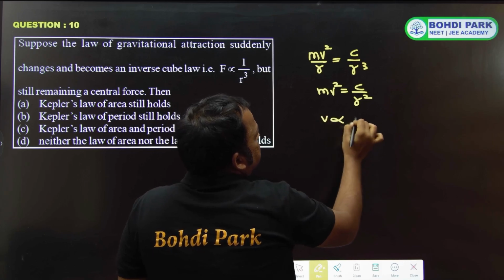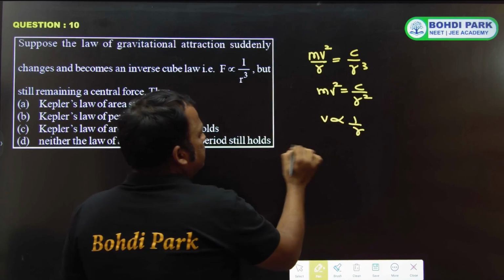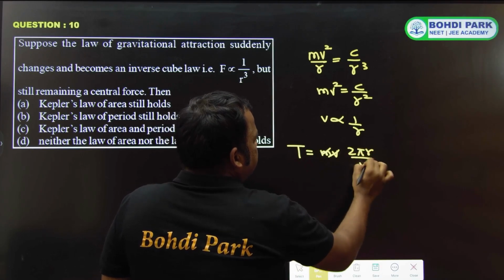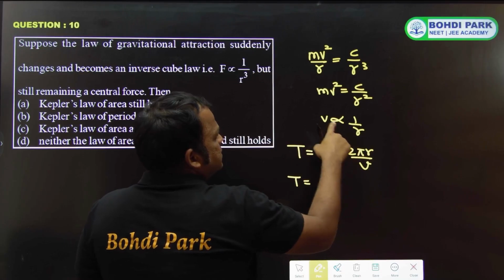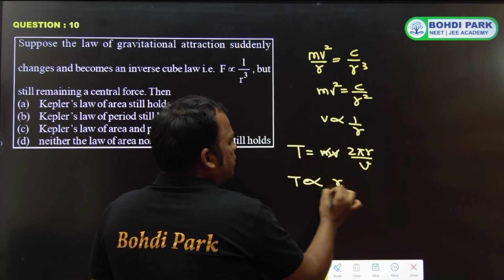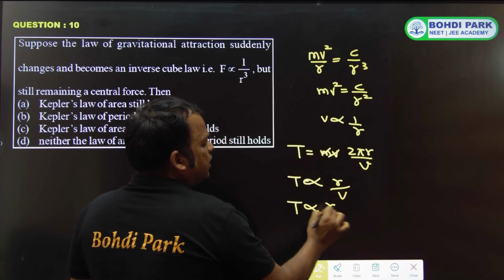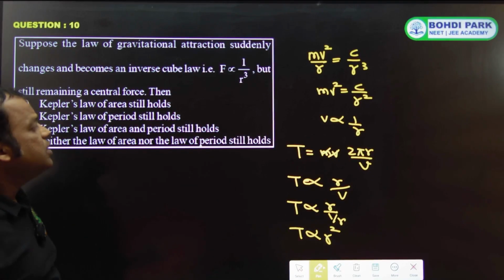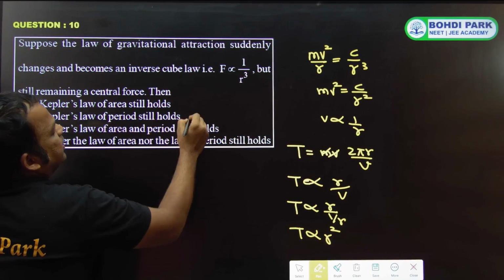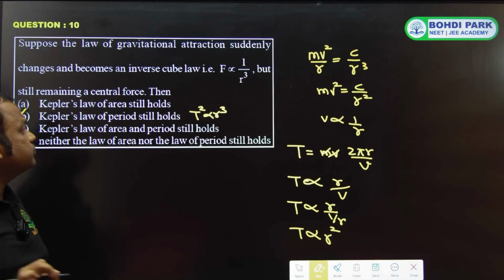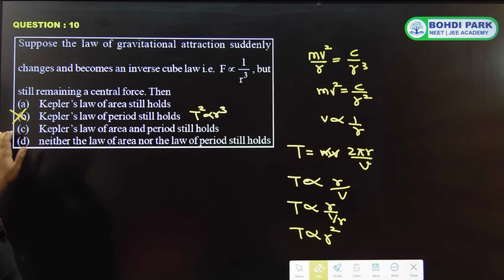So v is inversely proportional to R. So we have time period is equal to 2 pi R by v, and v is inversely proportional to R. So T is directly proportional to R by v, V is 1 by R. So T is directly proportional to R square. So clearly the law of period, which is T square proportional to R cube, is not holding. So second option is wrong. So definitely C option is also wrong.